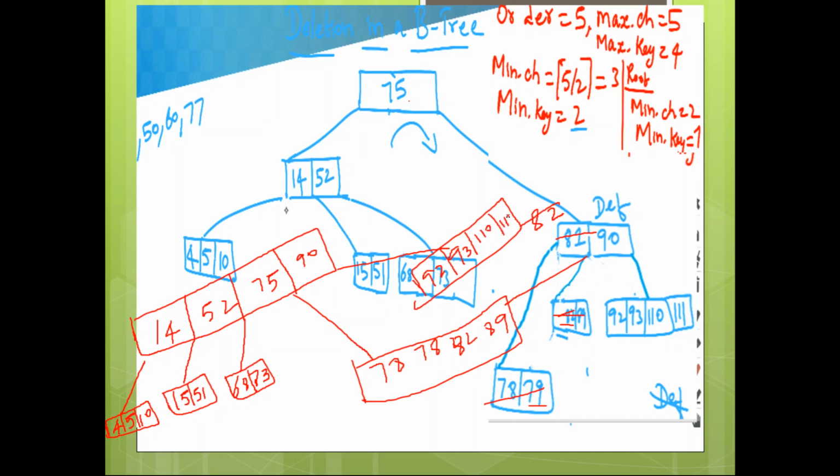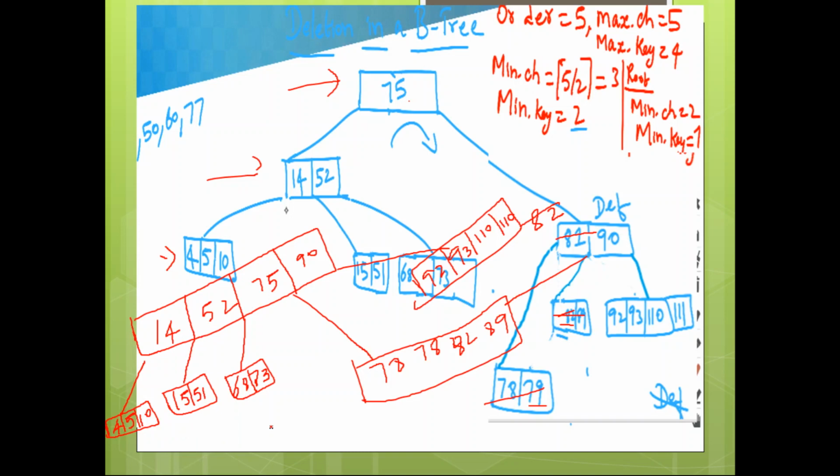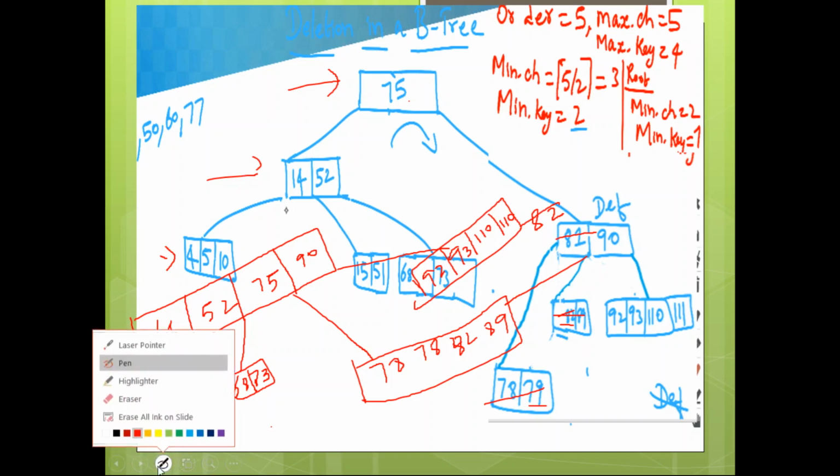Previously you see the height of the tree was 1, 2, 3, but after deleting 81 the height of the tree has become 2. Fine. So I think we have discussed all cases of deletion, so that's it. Let us stop here. Thank you.